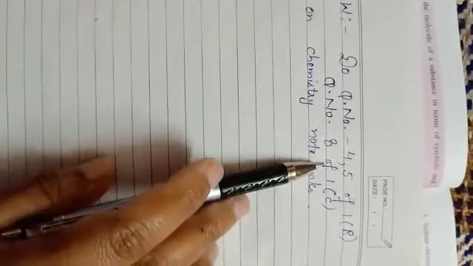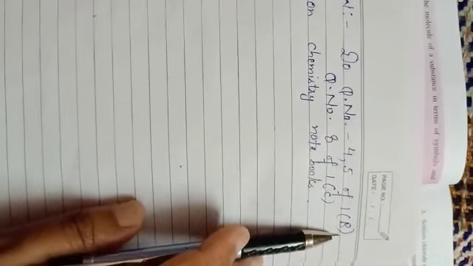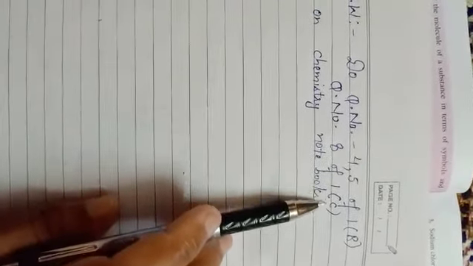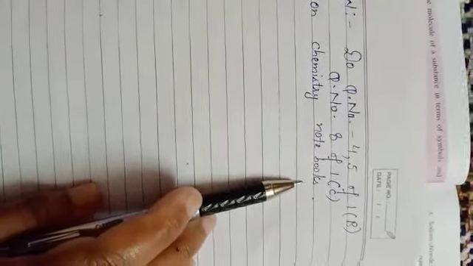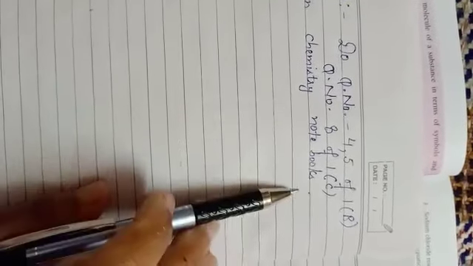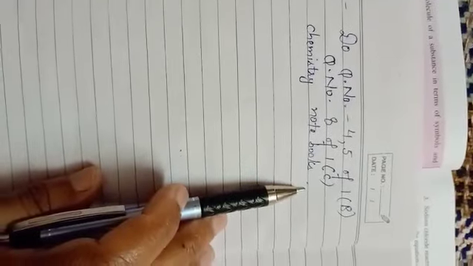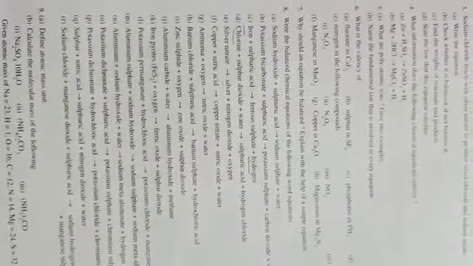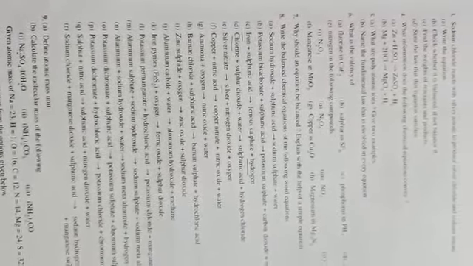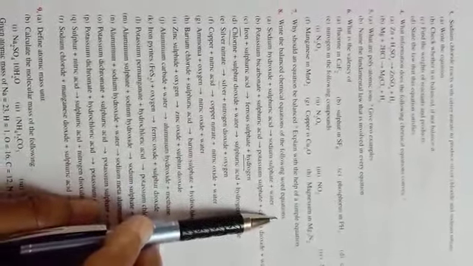Now it's time for homework. Do question number 4 and 5 of exercise B and question number 8 of exercise C on chemistry notebooks. These are balancing the equations. In the 8th question of exercise C, the equations are given in the form of word equations.